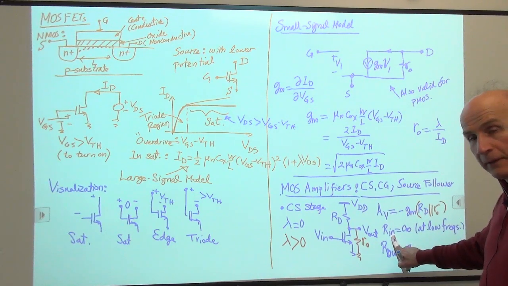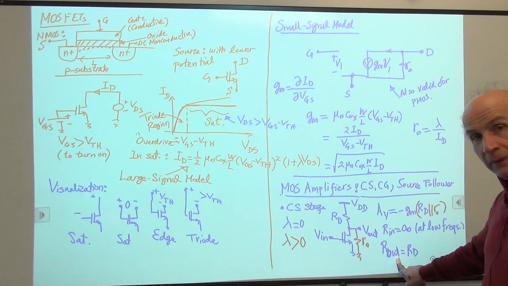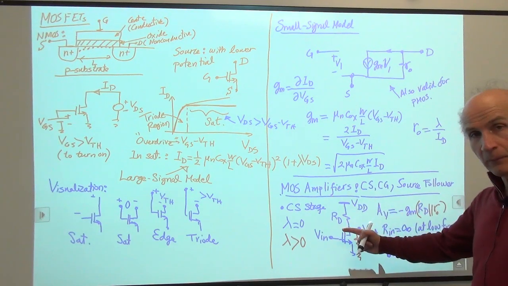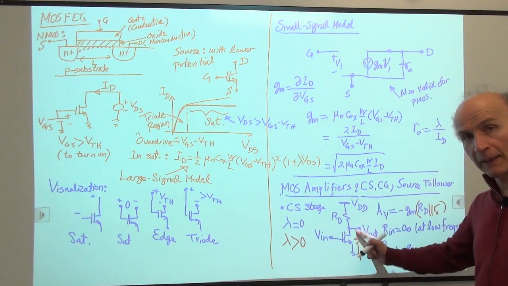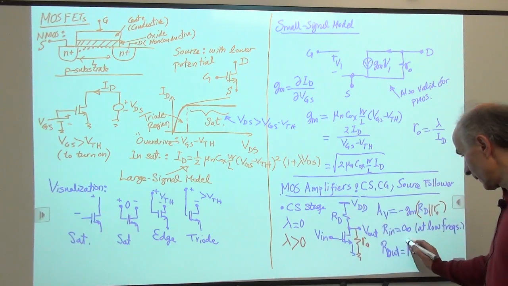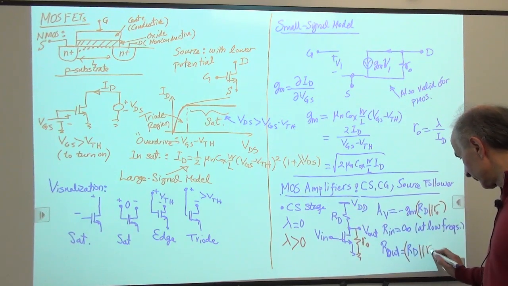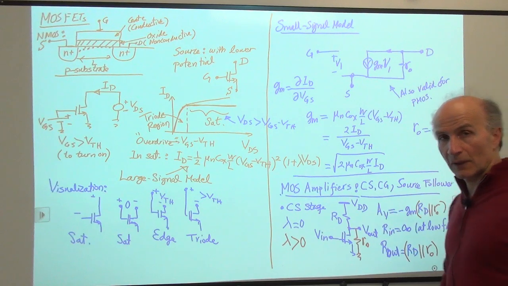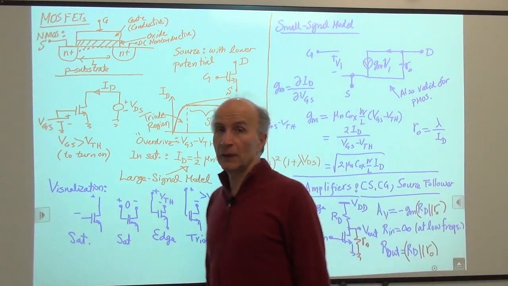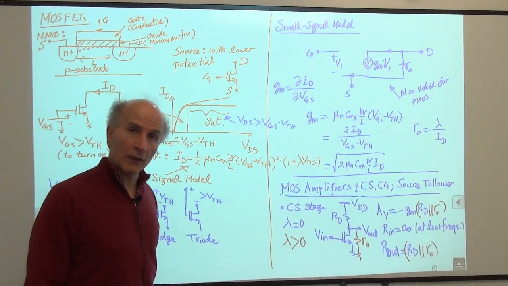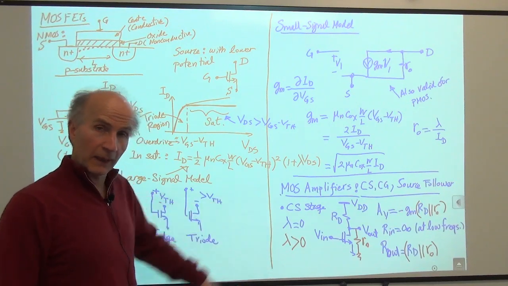It's still an open. The output resistance: we sit here and look this way. We see RO to AC ground, RD to AC ground, so these go in parallel. So you can see that including the effect of channel length modulation is pretty quick in this simple case.